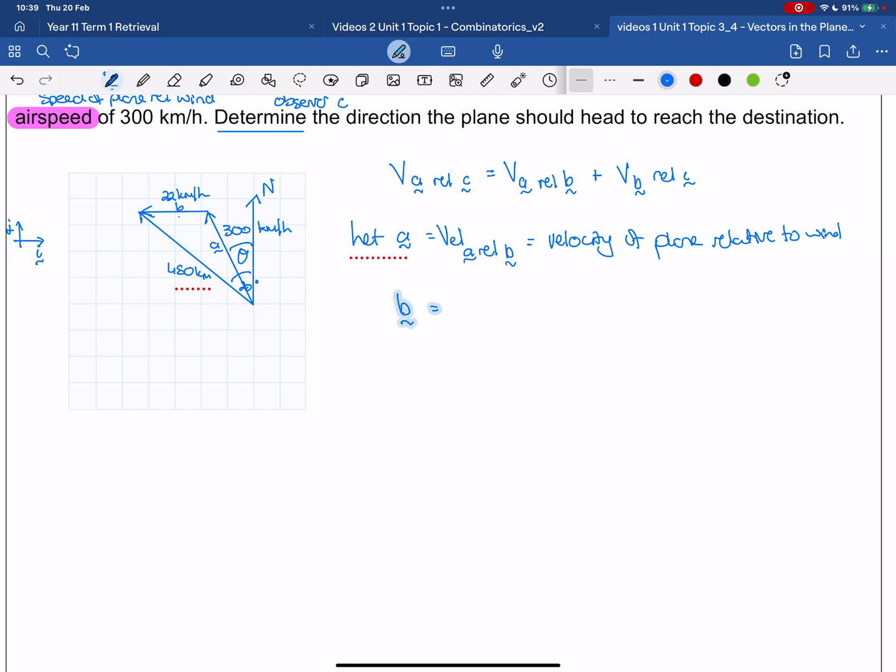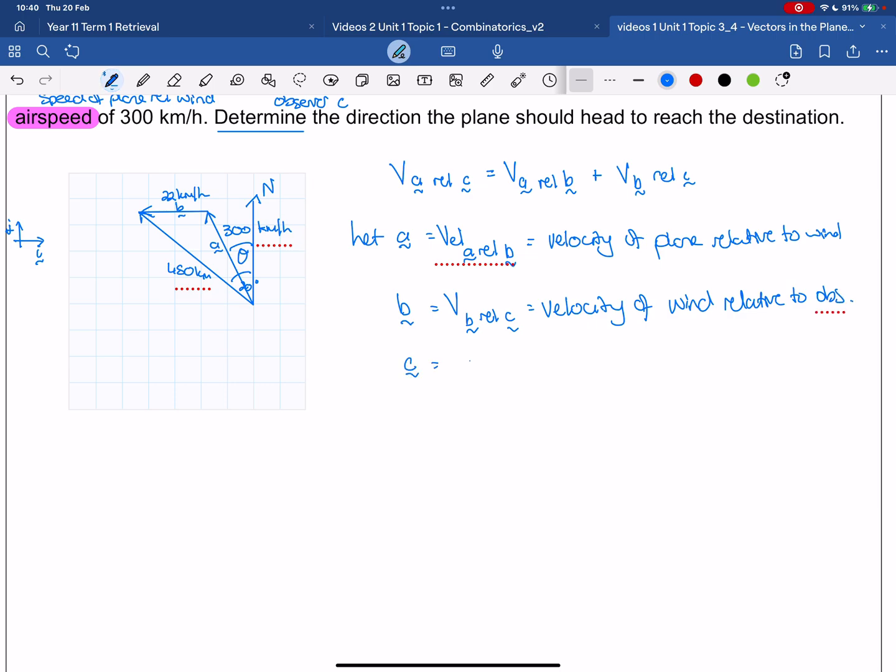My B is going to be my velocity of the wind relative to my observer.